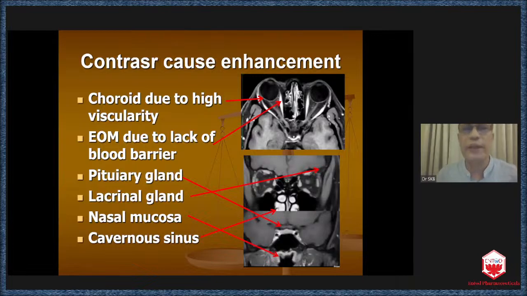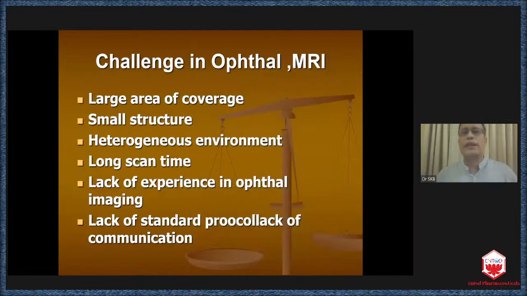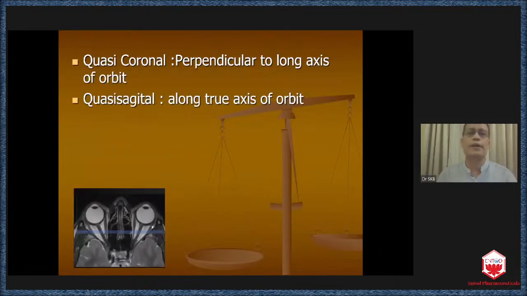All these structures may get enhanced because of contrast. So when these structures do not get enhanced in MRI after contrast injection, that indicates probably the contrast has not reached the eyeball in a sufficient concentration. These are some salient points of doing MRI in ophthalmic patients.